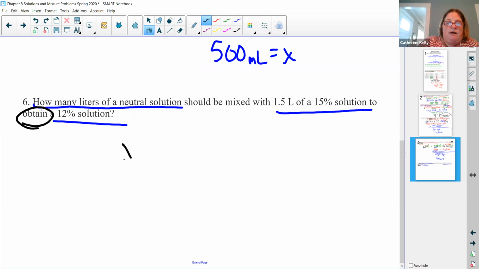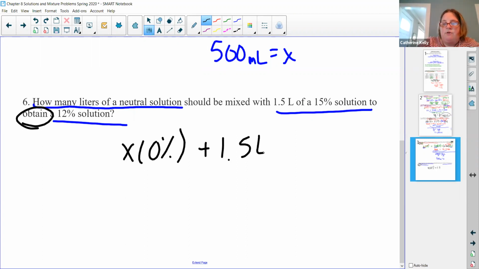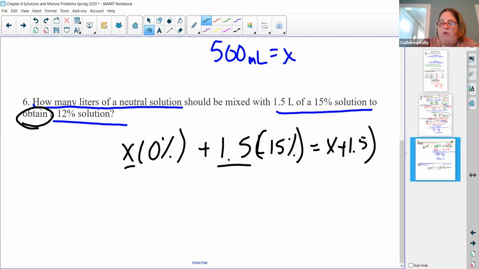So how many liters of a neutral solution should be mixed with 1.5 liters, well, now we're in liters, of a 15% solution to obtain X plus 1.5 of a 12% solution.